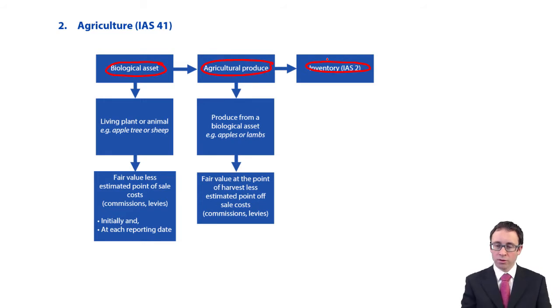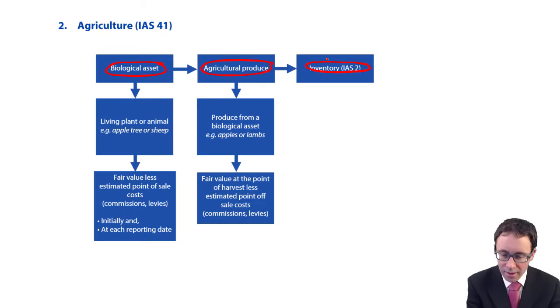So what are the rules? Very simple. When you've got your biological asset, so you've got your little apple tree or grapevine that is growing, it's there at your fair value. So there would be an attributable fair value because people will be able to buy and sell these trees at particular points in time, less the estimated point of sale costs.